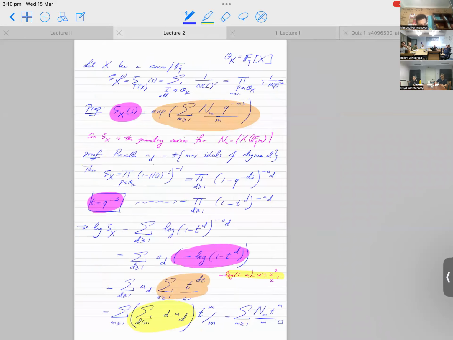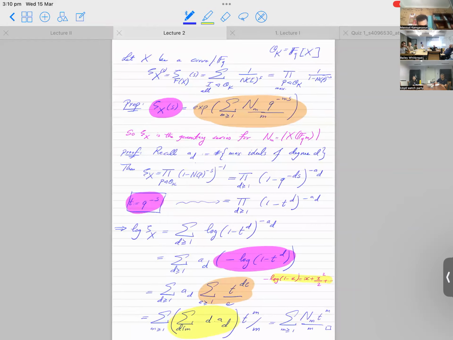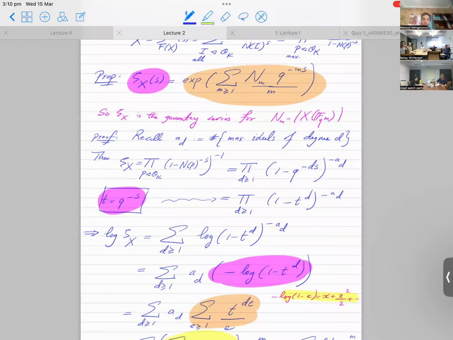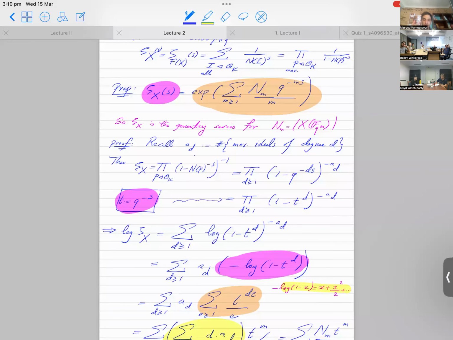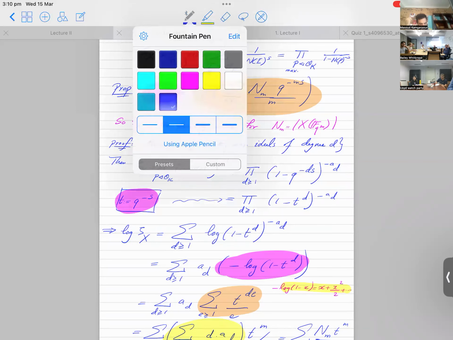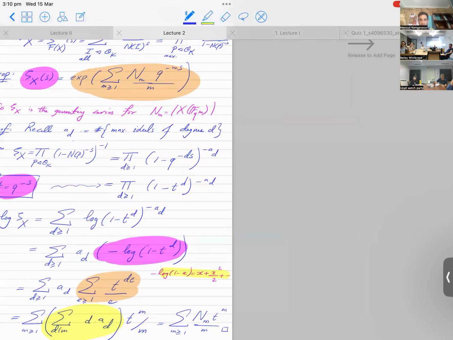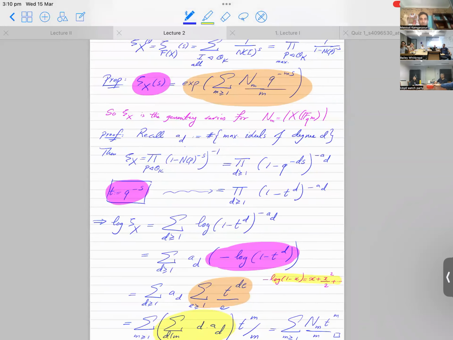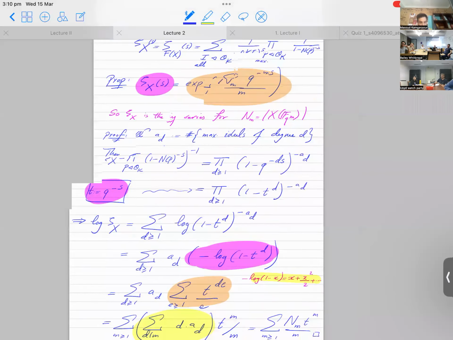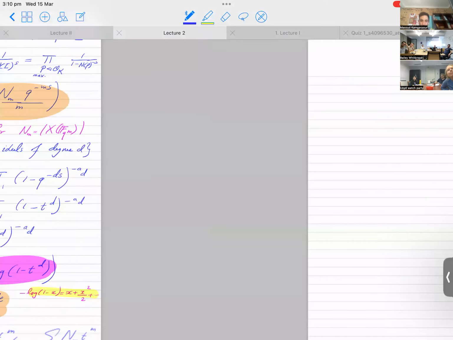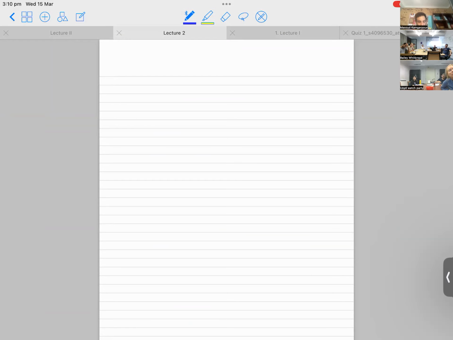So all I want you to remember is that this zeta of x equals this exponential for curves, right? But now that we have it for curves, we can define it for all varieties with exactly the same definition. So by variety, I mean solutions to a system of equations. Let's say for now, that's what we mean, an affine variety. But it's easy to generalize it.